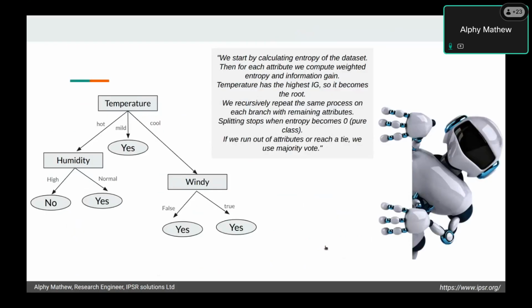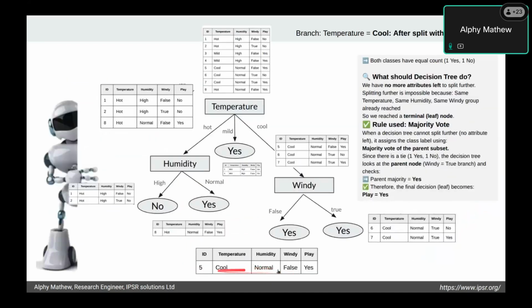Either we finish up the attributes, if all the attributes in the data set are used, then the tree growing finishes. Second, when the data set becomes pure, it will finish. And third, when the number of rows becomes 0. If there are no more attributes to split in the subset, the growing of the tree stops.